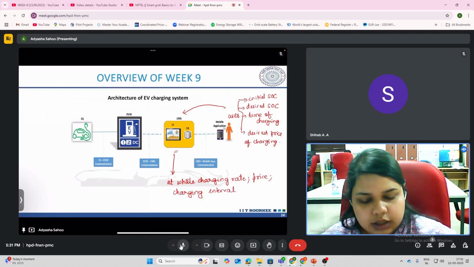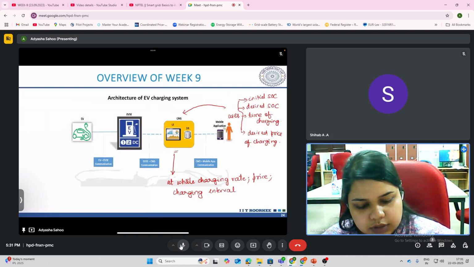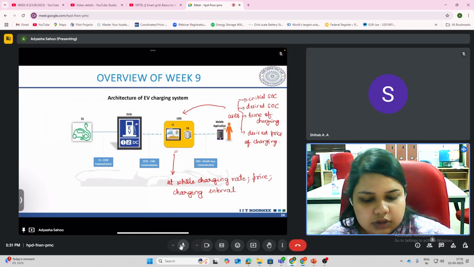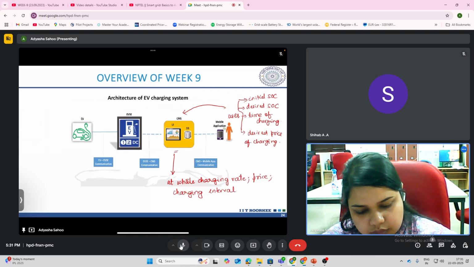So these all will be decided by the charging management system, and the EVs will be charged through this EV supply equipment. So the charging will be done and the EV is finally charged.